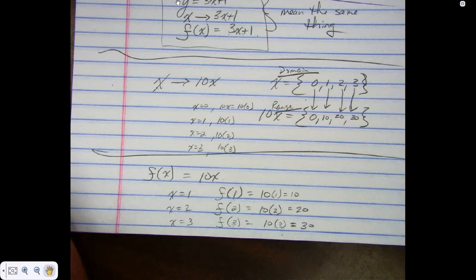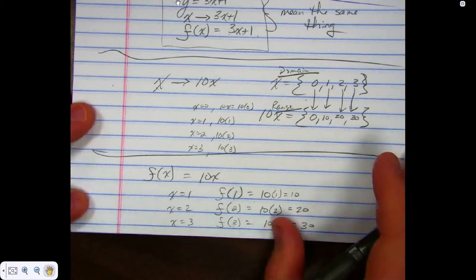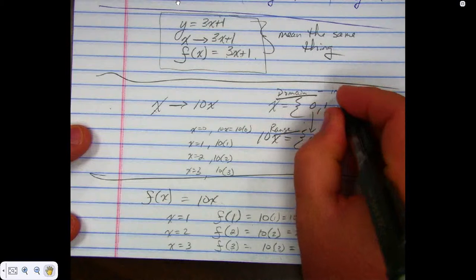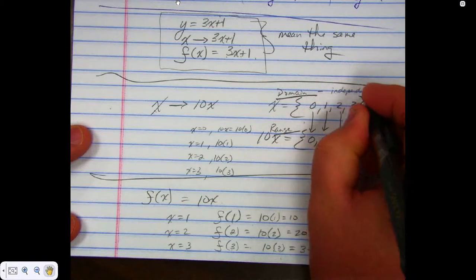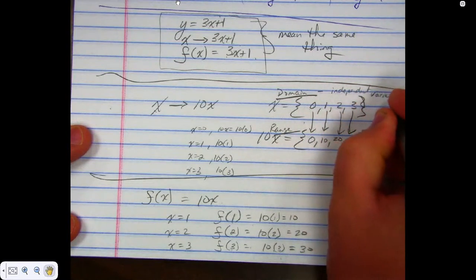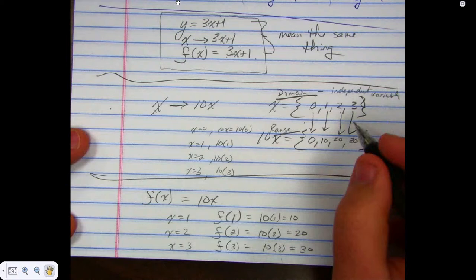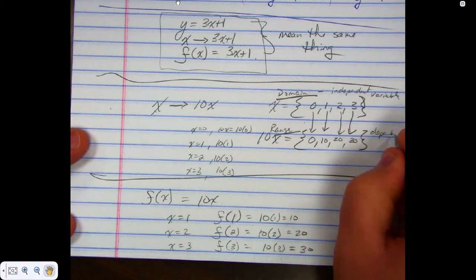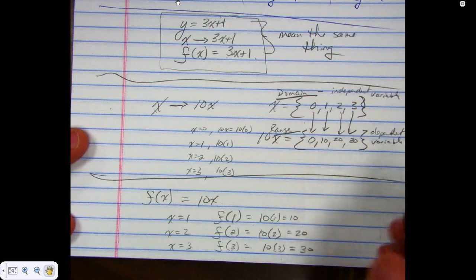The other thing is, okay, the domain is your independent variable. Okay? The range is your dependent variable. Now, why is that?